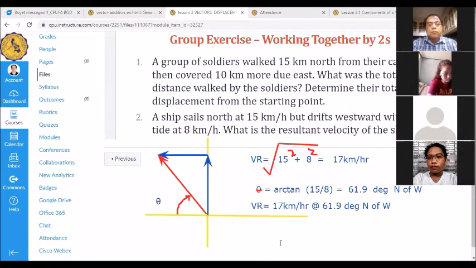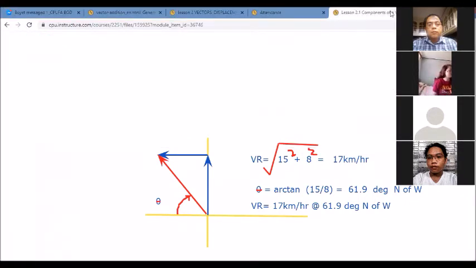We are going to go next to our new topic on the components of a force. And again, the idea here of the arctangent, our trigonometric functions, we are going to use them again in our discussion on the components. So the components of a force. Sige, so it's loading. So let me erase this one instead.